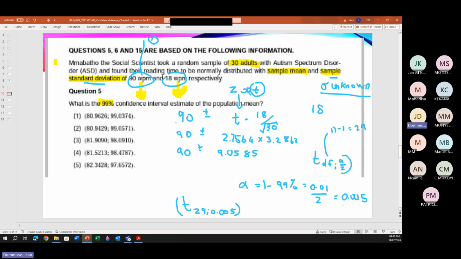So let's just quickly check again. 90, yes, it seems like 90 will fall within all of them. So 90 minus 9.0585 gives us 80,9415.